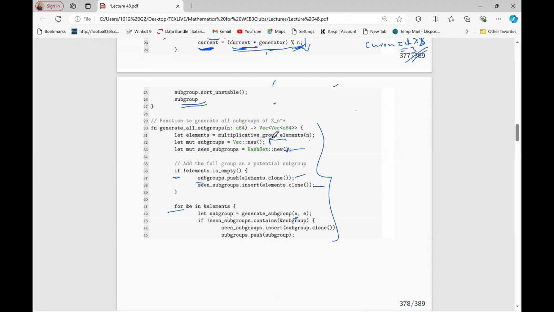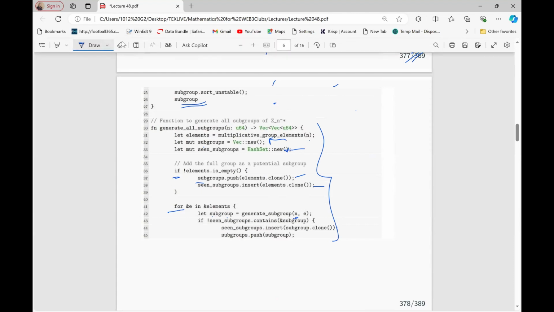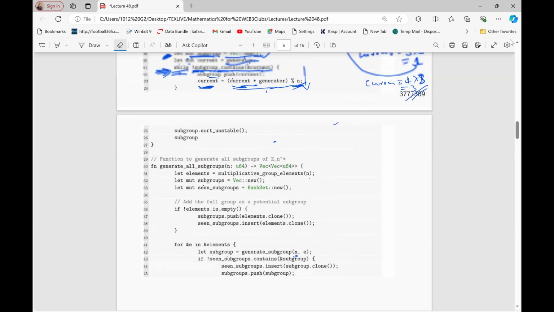And that process continues. Unless somebody has a question on how this code works, how it works to perform its roles.